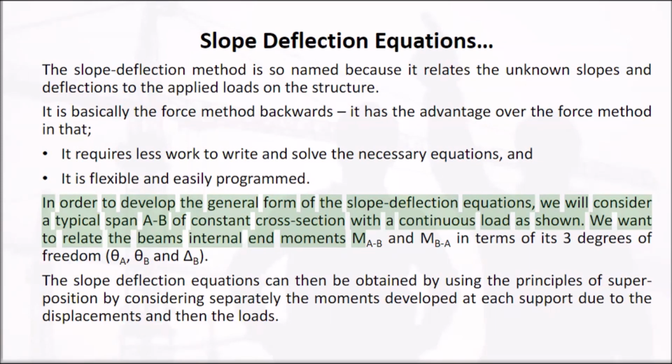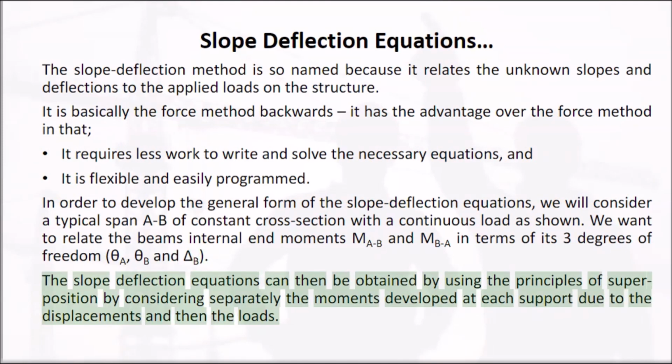We want to relate the beam's internal end moments, M_AB and M_BA, in terms of its 3 degrees of freedom, theta A, theta B, and delta B. The slope-deflection equations can then be obtained by using the principle of superposition, by considering separately the moments developed at each support due to the displacements and then the loads.